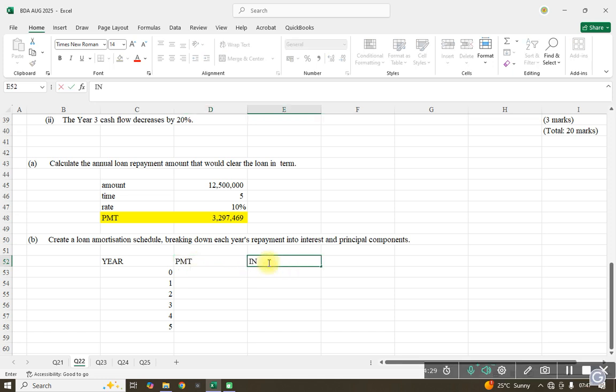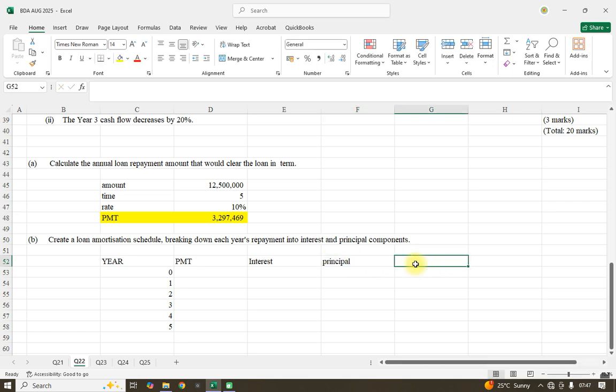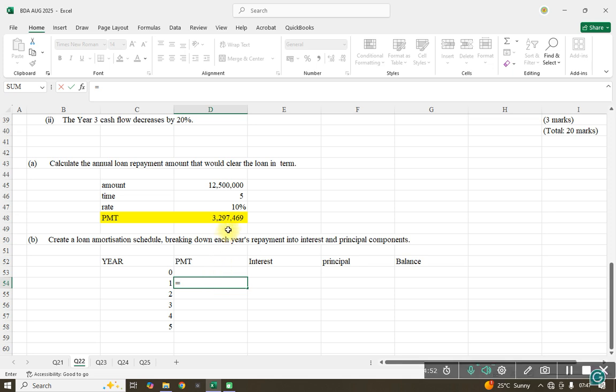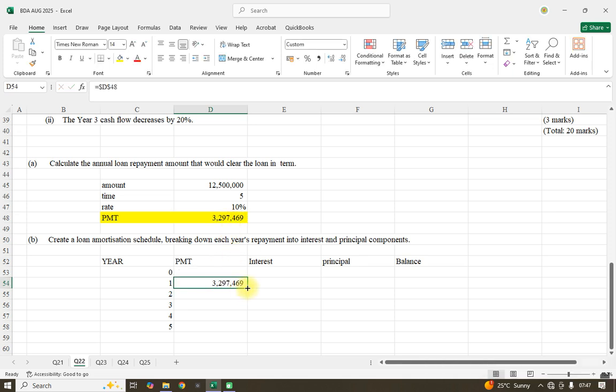Then we shall have our interest, then we shall have our principal, and we shall have our balance. Our PMT starting from year 1 is a constant. So this is a constant that we shall be paying each year.